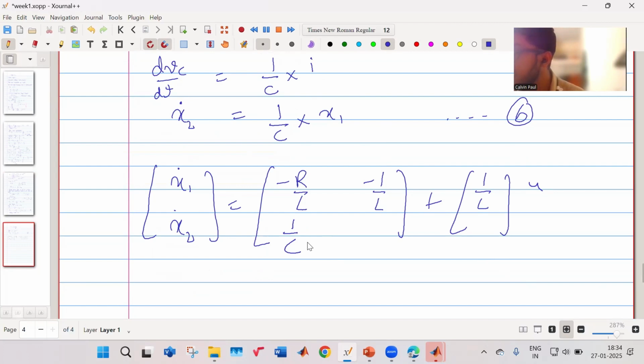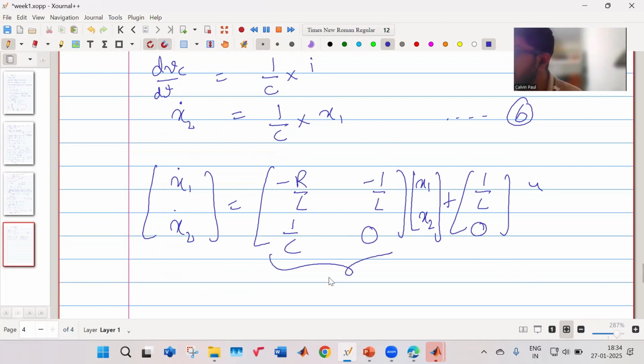It is 1 by C into x1 plus 0 into x2. And since input is not there, this also is 0.